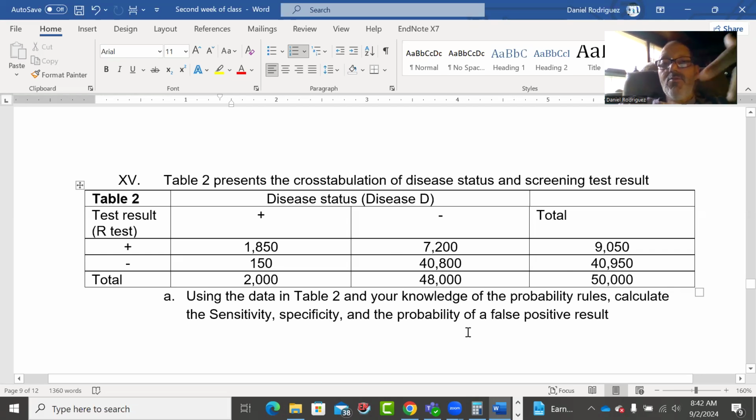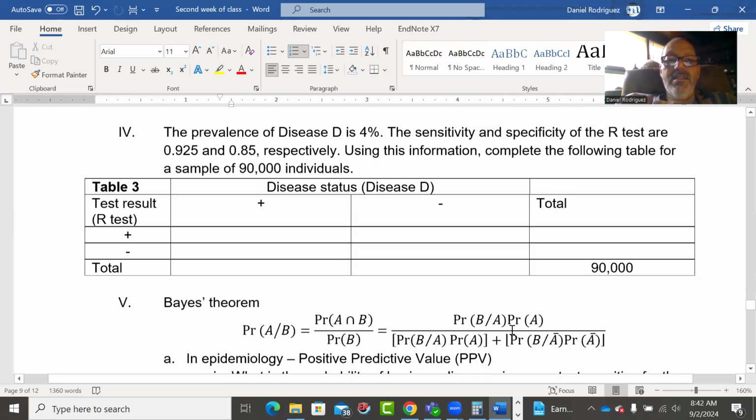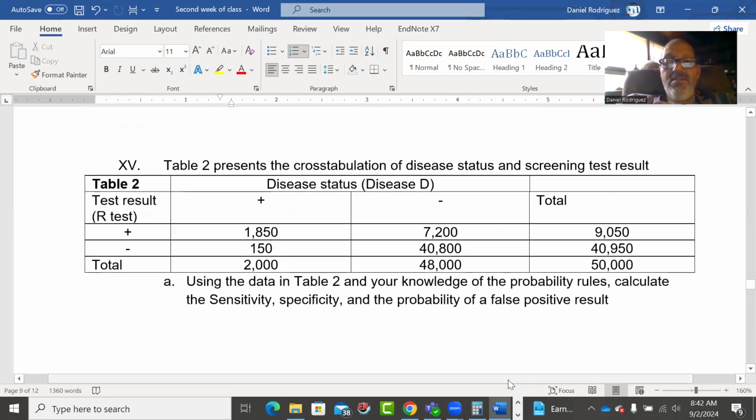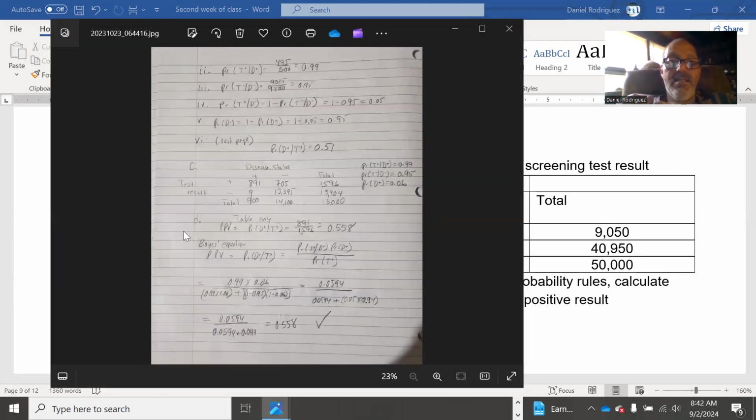But we should also be able to work backwards and calculate the sensitivity, specificity, and the probability of a false positive result using this table. So let's go ahead and do that. I think I have it. Yes, I have it here. Where did I put that? I think it's the one before. Yes, it's the one before.